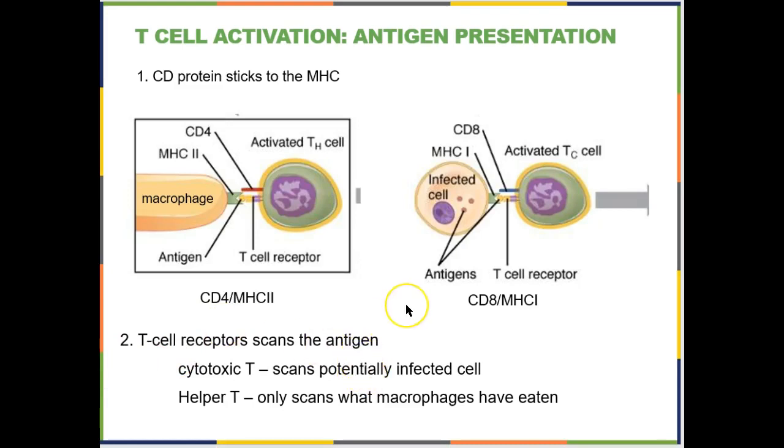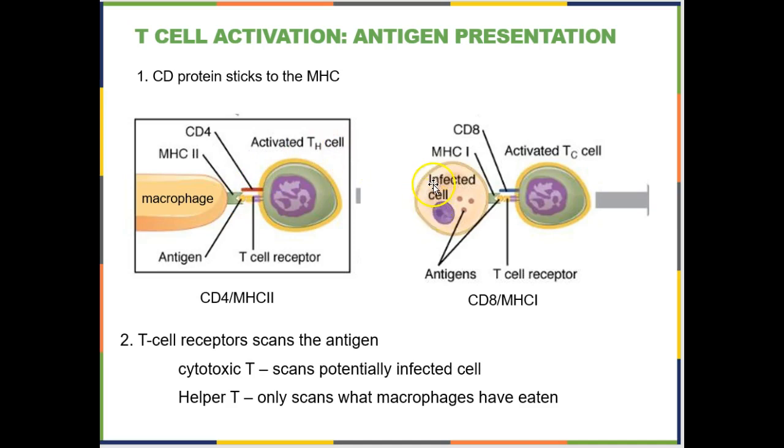So put it all together, here you have a macrophage. It is going to be using MHC2 because it is presenting antigens that it has engulfed and destroyed. It is going to present its antigens to helper T cells because the CD4 is going to bind to the MHC2. And then the T cell receptor will scan the antigen.